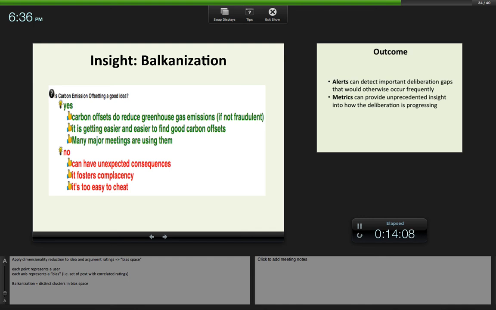In other words, that there's a split in the community, that one half of the community strongly supports the yes ideas and arguments, and the other half of the community strongly supports the no idea and arguments. So using the support vector metric, we're able to get insight into the community and its preferences that would be very difficult without this kind of visualization.